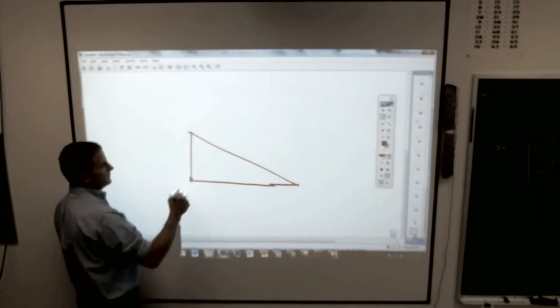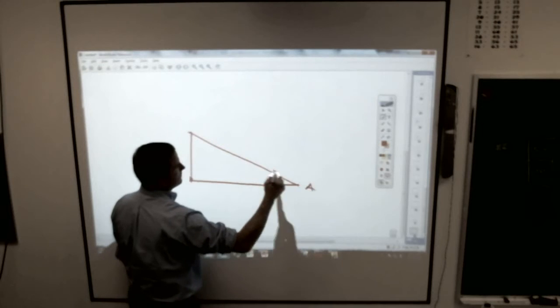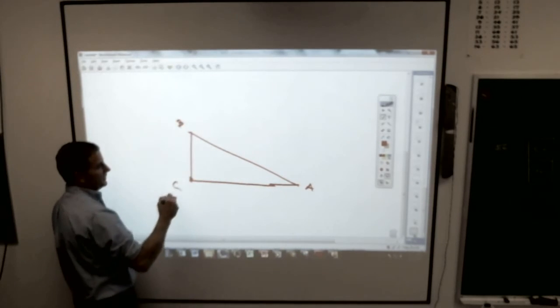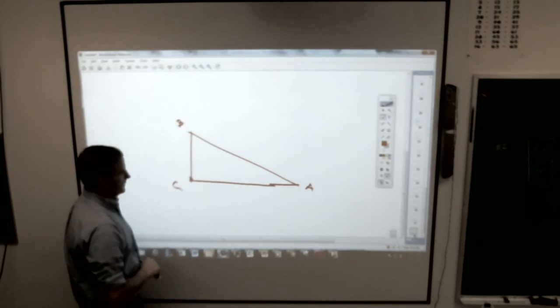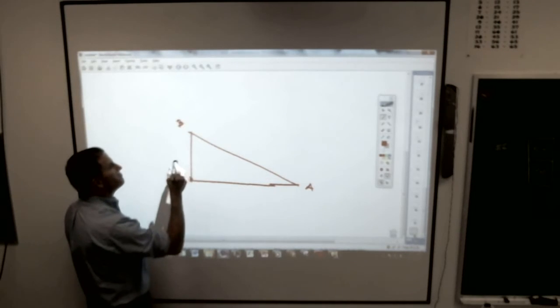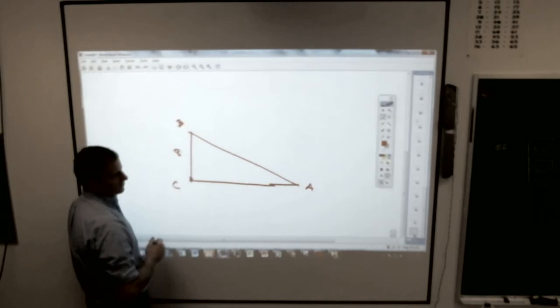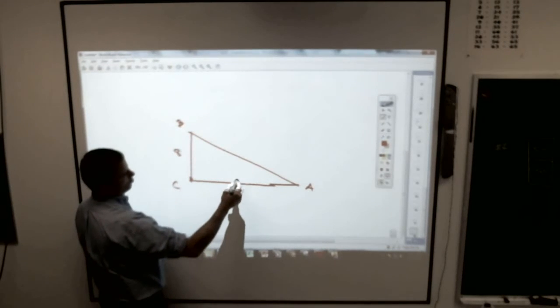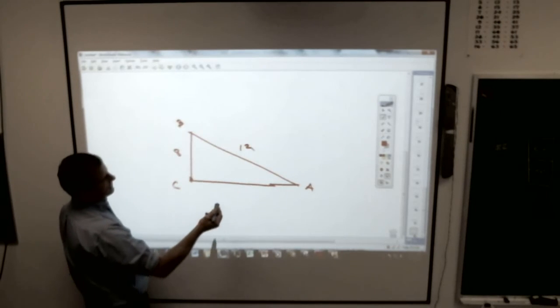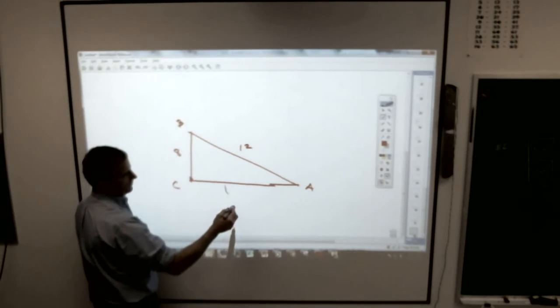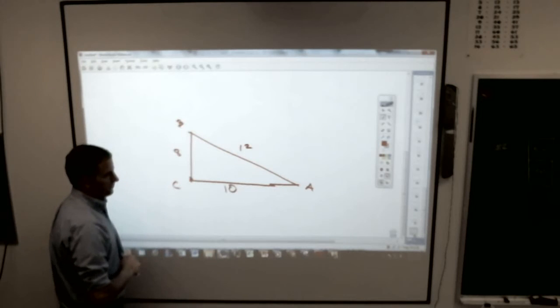Here's my right triangle, with angles A, B, C. I am just going to make up some numbers. Let's say this is 8, this is 12, and this maybe is 10, although that might be too easy.